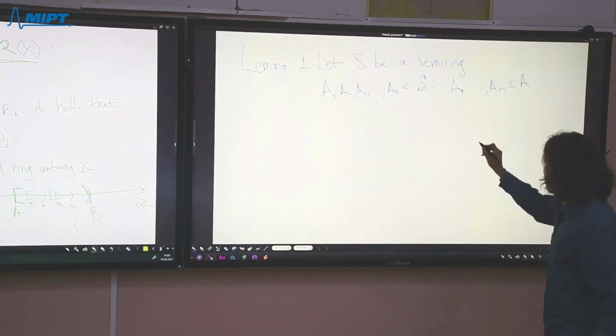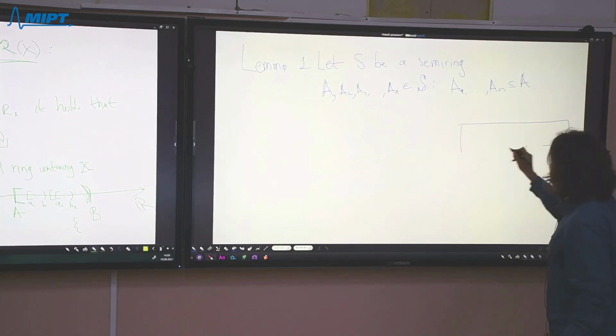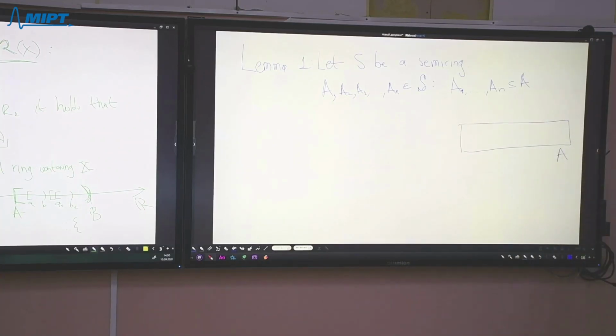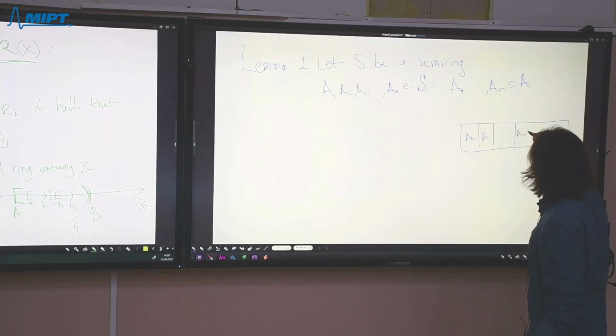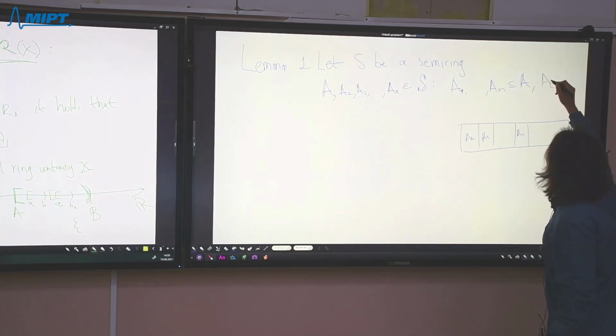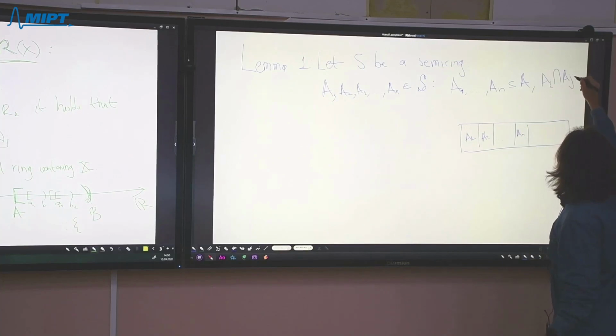Okay, so the same thing here. We have A, and we have some subsets of A. This is A sub 1, A sub 2, up to A sub n. And they don't intersect. So the intersection is empty for any i different from j.